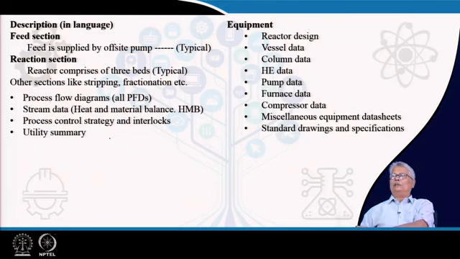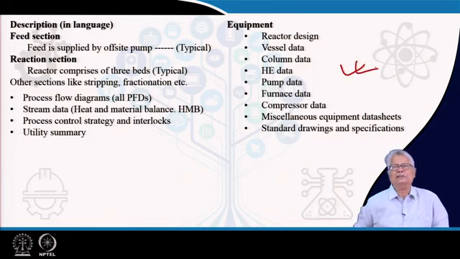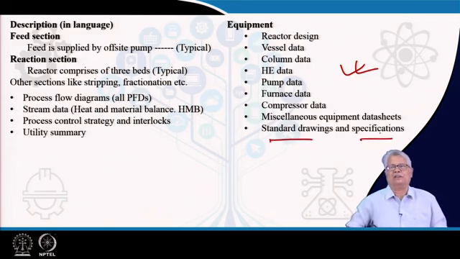The equipment normally will be specified by using certain forms which are standardized by the vendor. The reactor, the vessel, column, heat exchanger, all are specified in terms of data sheets. So, these are standard data sheets which are to be filled with respect to individual equipment, and it must be specified very, very clearly along with the standard drawings and specifications.